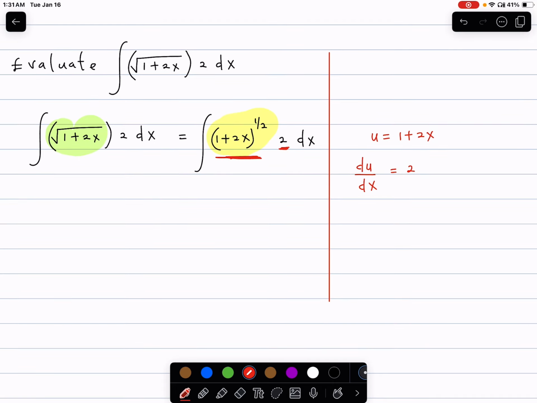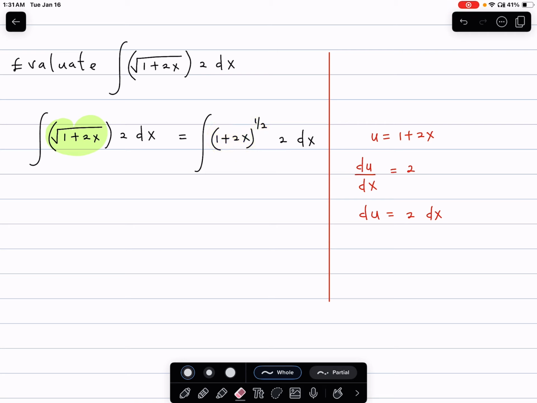So if you cross multiply, you get du is just going to be 2 dx.